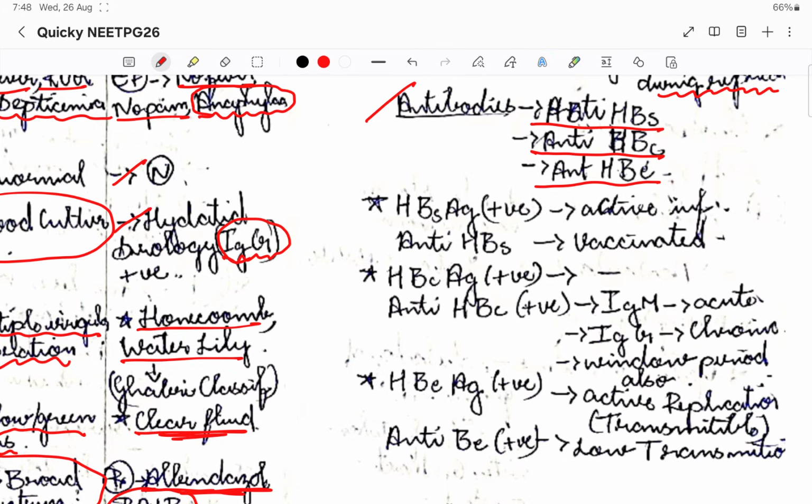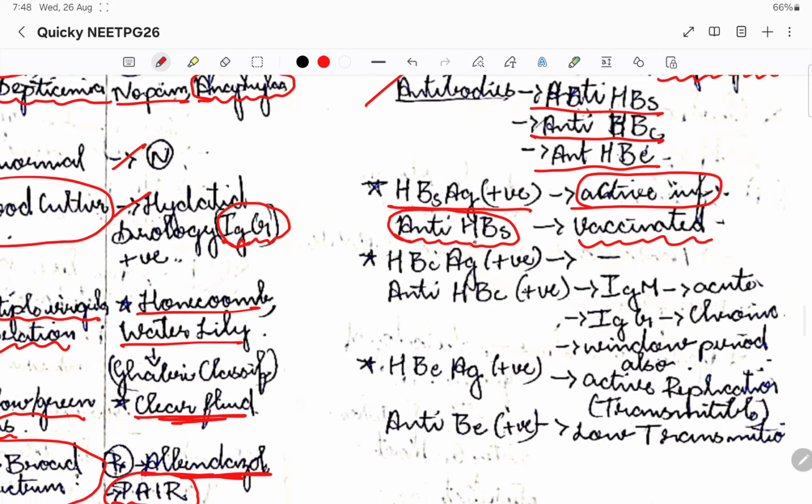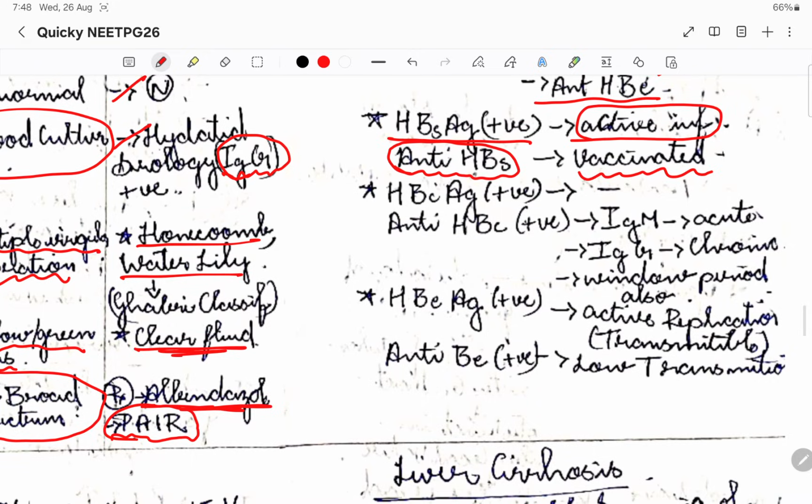If there is an active infection with hepatitis B, HBsAg will be positive, and if it is a vaccinated case, then anti-HBs will be positive.